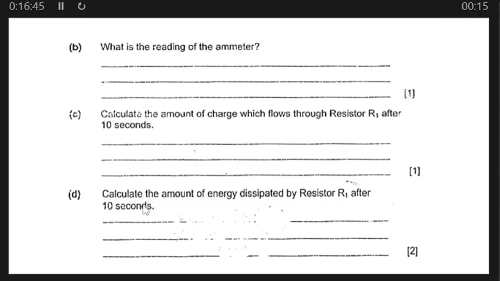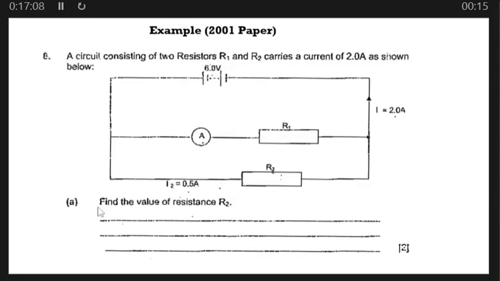Also here, calculate the amount of energy dissipated by resistor R1 after 10 seconds. No, we'll not do this one here. I'm going to do another video that explains how to calculate the amount of energy given the values of resistance. Yeah, so let's look at how we are going to answer this question.